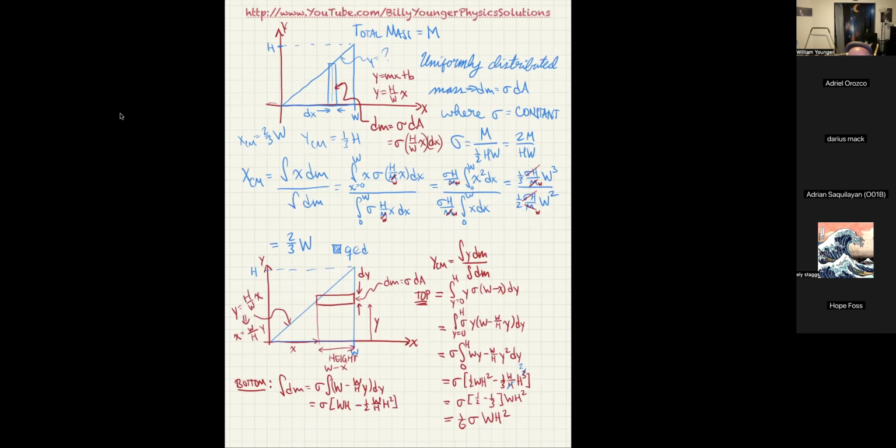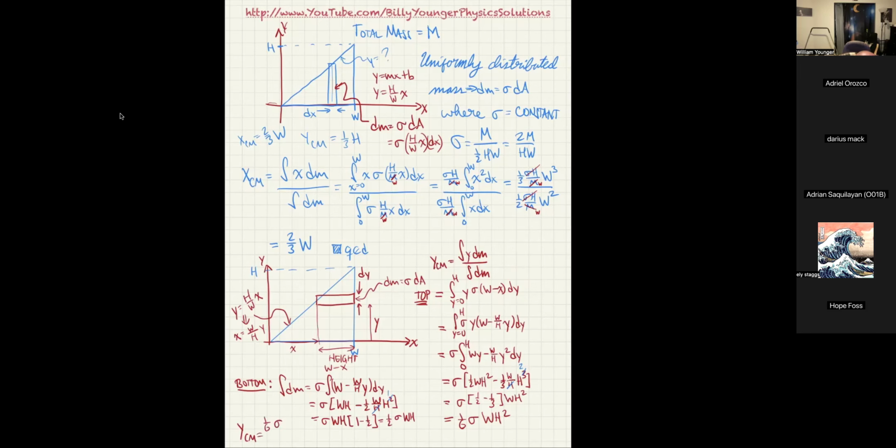So you can see I'm going to have a common factor of WH again, because this H in the bottom is going to cancel out, leaving a 1 in the top there. So this quantity will become sigma WH times 1 minus 1/2, which is obviously 1/2 sigma WH.